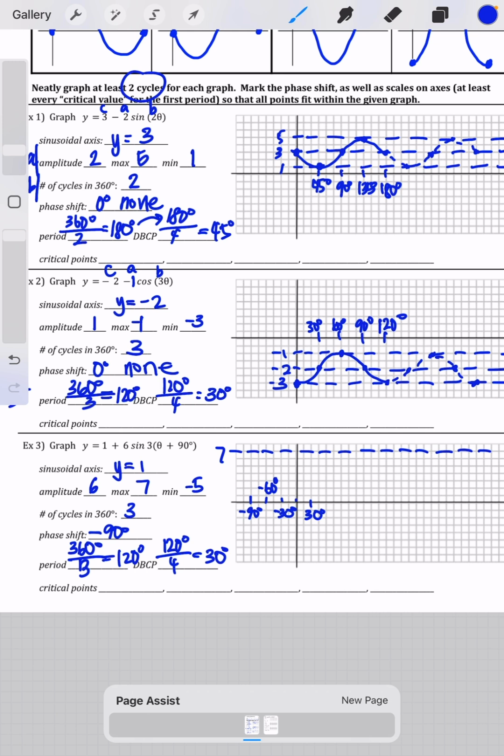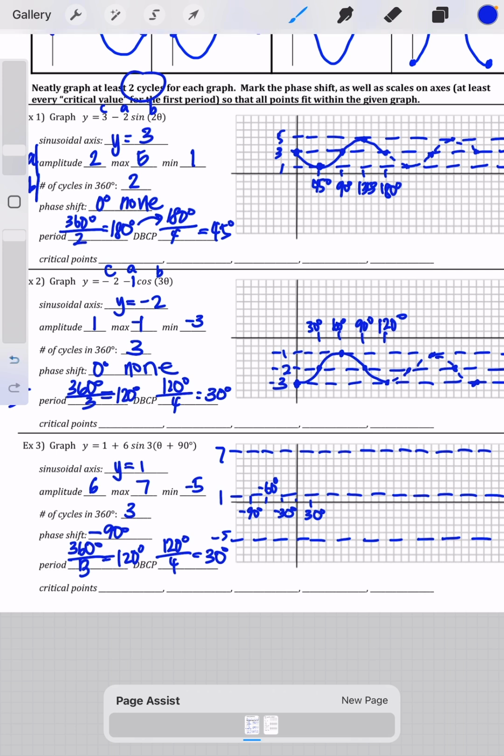And then I've got a midline at 1. And then I have a minimum value at -5, which is down here. And so since it's a sine graph, we are starting at our midline, which is right here in the middle.